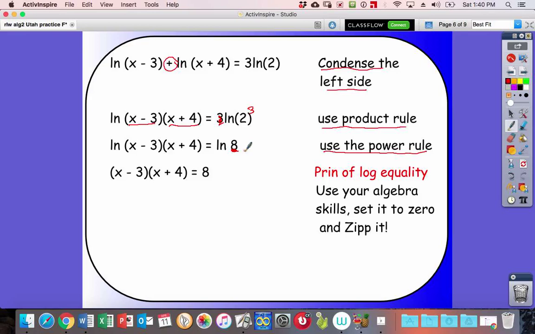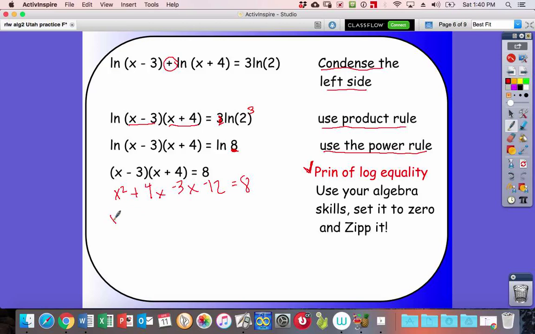Okay, now I get to use my principle of log equality. And I get rid of the natural logs, and I have x minus 3 times x plus 4 is equal to 8. Okay, now I'm going to zip it. I'm going to set it to 0. In other words, I'm going to say x squared plus 4x minus 3x minus 12 is equal to 8.